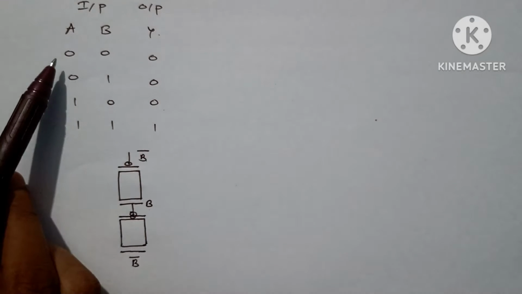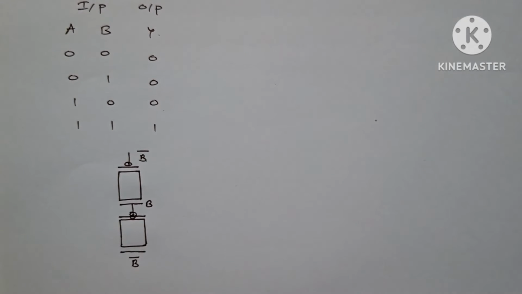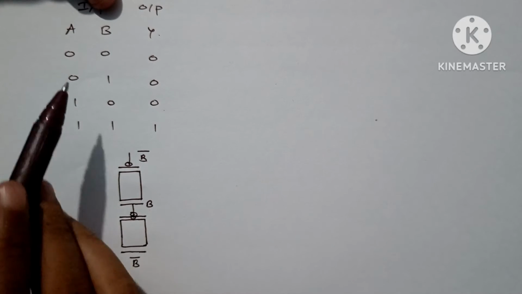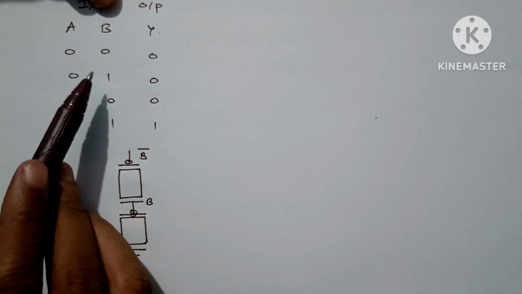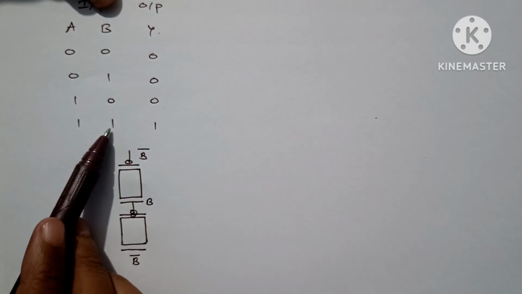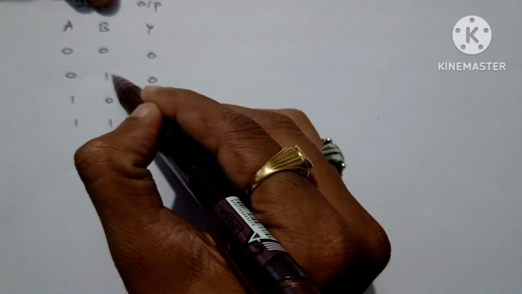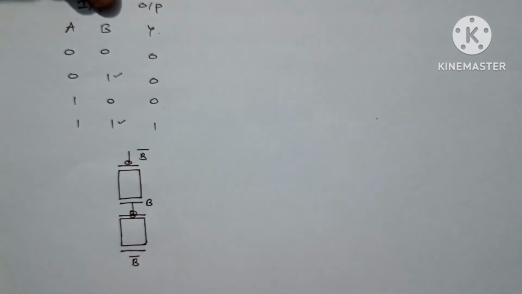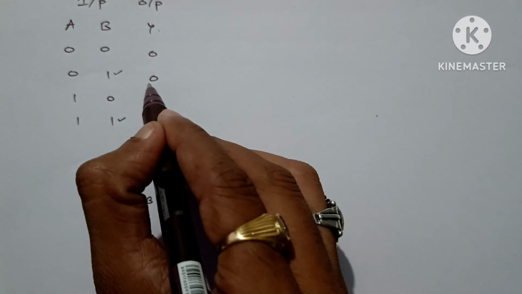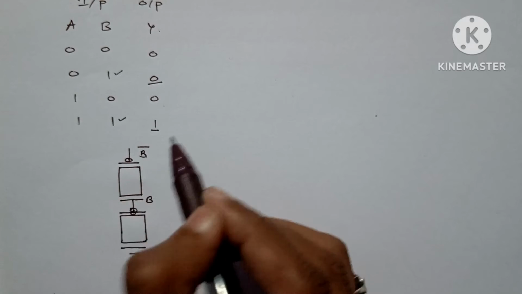Now the question arises, how can we accommodate A? So let's come to the truth table. From the truth table, if you see, B could have two different values. Either it could be 0 or it could be 1. Let's start with B as 1. Whenever we have B as 1, the output here is 0 and here the output is 1.